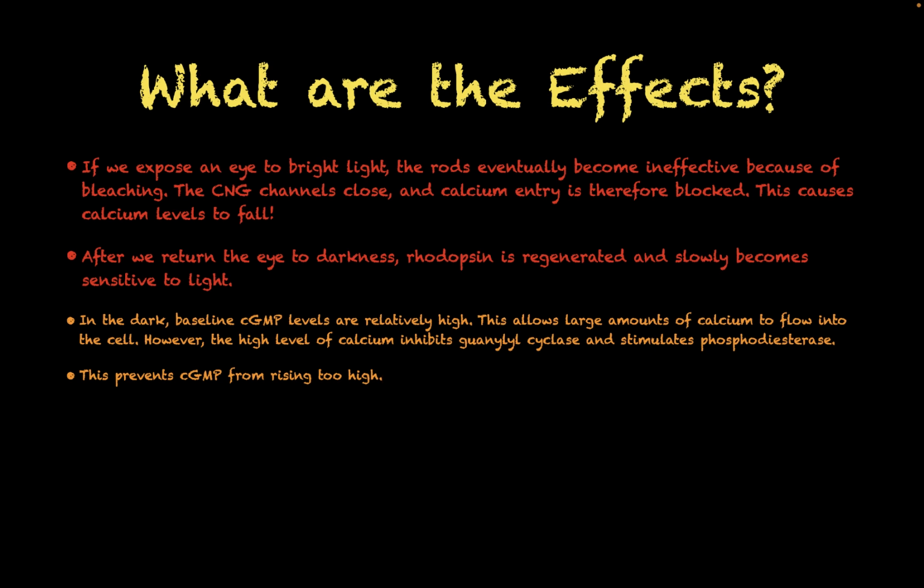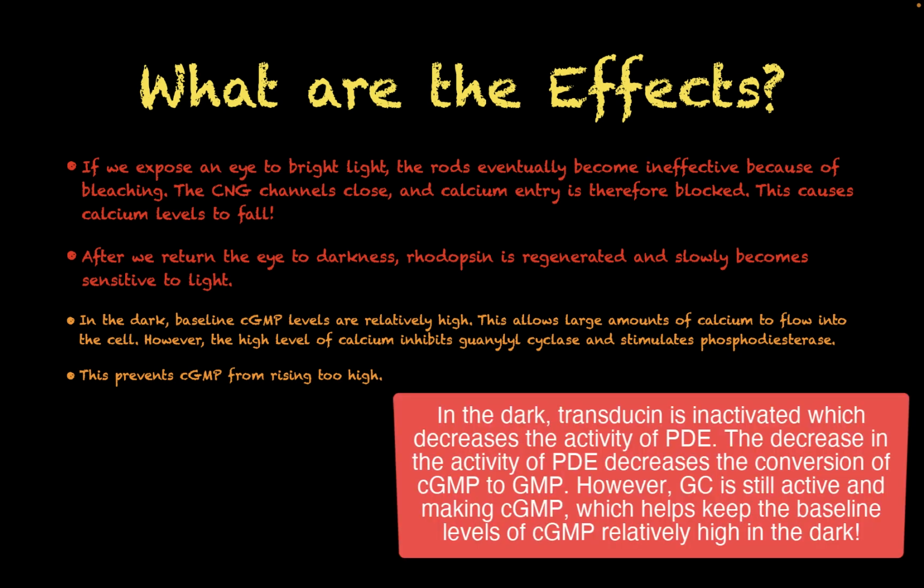Now, it's important to realize that in the dark, our baseline levels of cyclic GMP are going to be relatively high. And this allows large amounts of calcium to flow into the cell. And remember, the reason why our baseline cyclic GMP levels are high is because the transducin is not going to be activated. So therefore, you have that guanylate cyclase producing cyclic GMP, and the cyclic GMP baseline levels therefore are going to be relatively high.